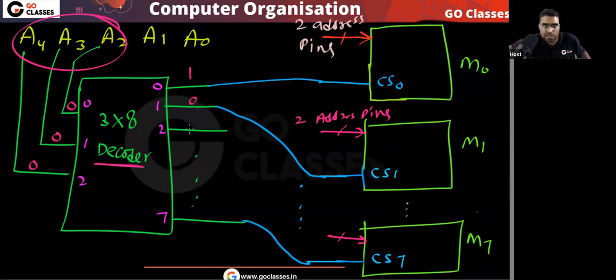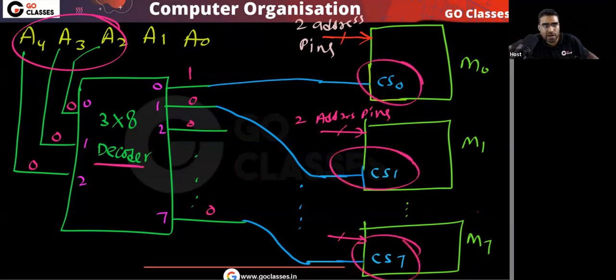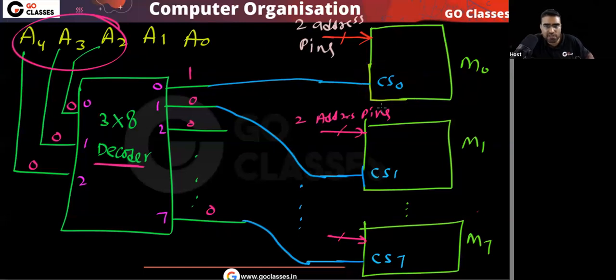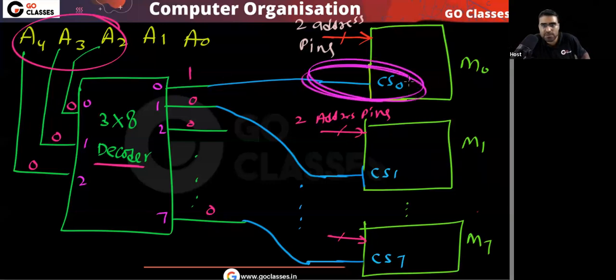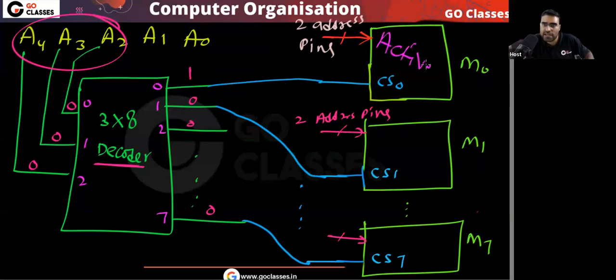So this will be 1, the remaining will be 0, right? And because chip selects are active high, they will be active when they are high. So you can see this chip select is high, so it will be active. So you can say that it is activated.